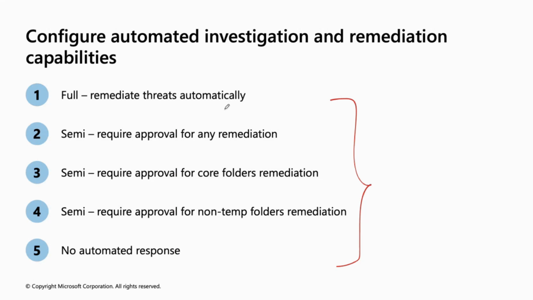Do you want to go with full remediation? It doesn't require any approval from the admin, but there are other stages where admin approval is required: semi-automation for core folders, or for any non-temp folder. Or if you don't require any automation, you can easily set it up.